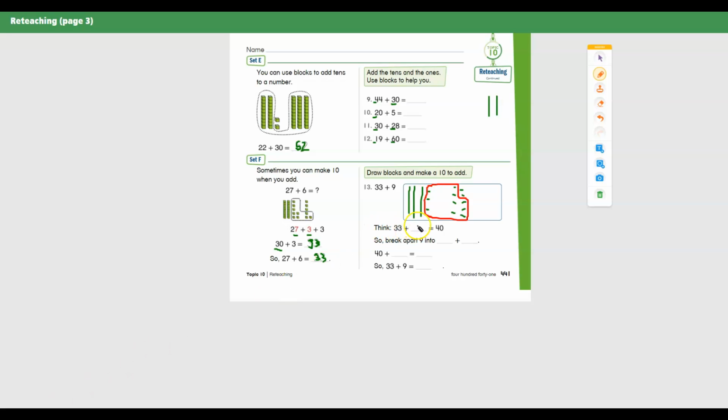If 33 plus 7 is equal to 40, that means we would break apart the number 9 into 7 and what number? 7 plus what number is equal to 9?